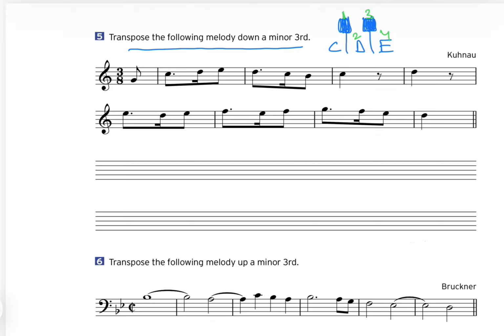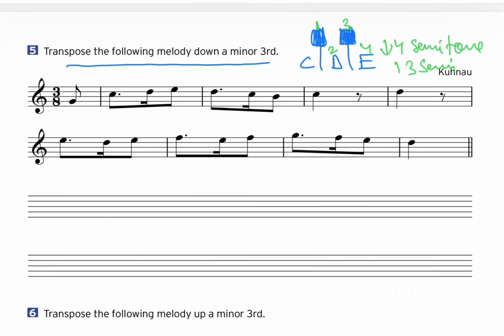That means four semitones for a major third. And if we reduce one semitone, it becomes three semitones for your minor third interval. So just remember that. Let's straight away start the question.